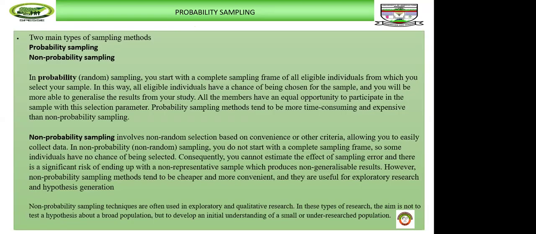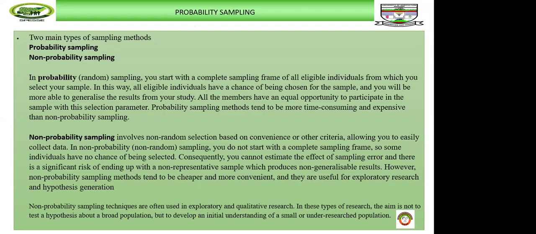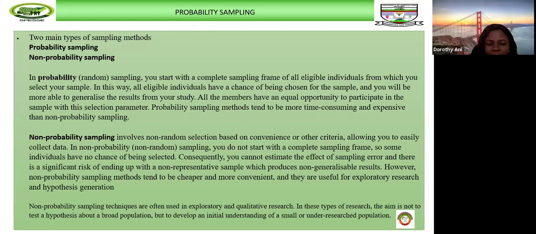In some cases, you may not even have a list or this sampling frame that we're talking about. So some individuals have no chance of being selected. So by that, you have excluded some people from being selected as your sample population. So consequently, you cannot estimate the effect or sampling error.